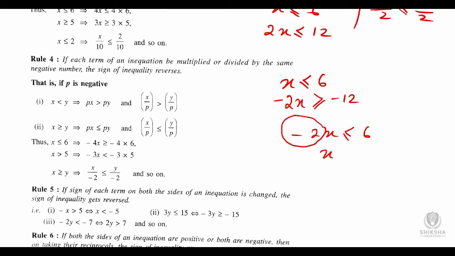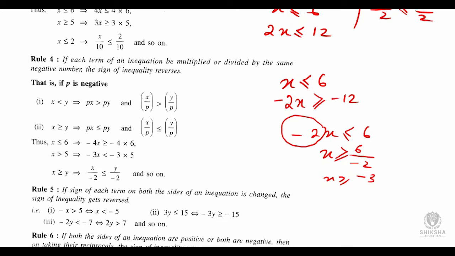In algebra, if something is multiplied on one side, it will be divided on the other side. So as we know this, this minus 2 will be divided on this side, so it will be 6 by minus 2, but the sign will change because of division by a negative number. Whenever a negative number is multiplied or divided, the sign will be reversed. So this becomes x greater than or equal to minus 3.